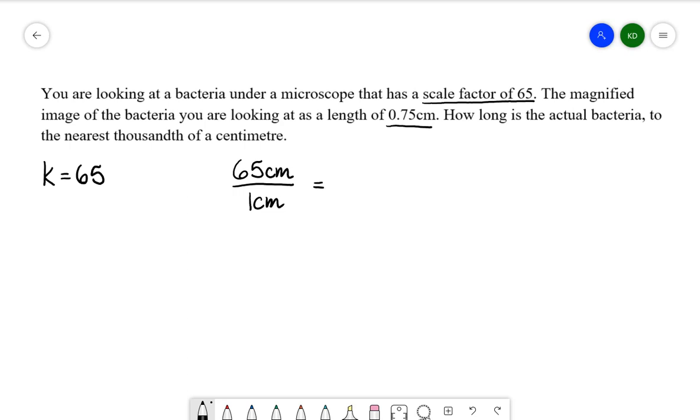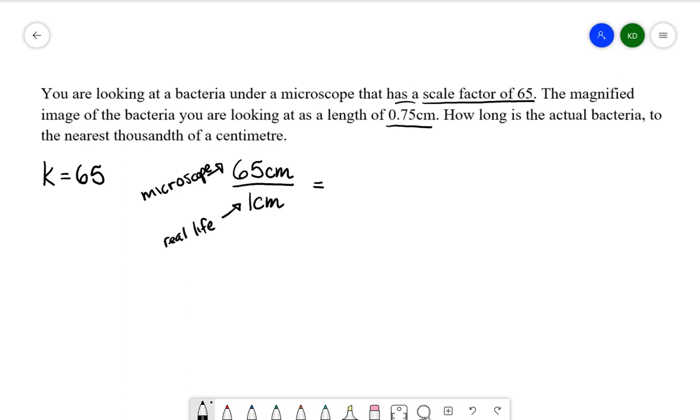But now what I'm leaving this open to is setting up another fraction on the other side and opening it up to cross multiplication. So 65 centimeters in the microscope would represent 1 centimeter in real life. And so now we've set up our numerator and denominator.